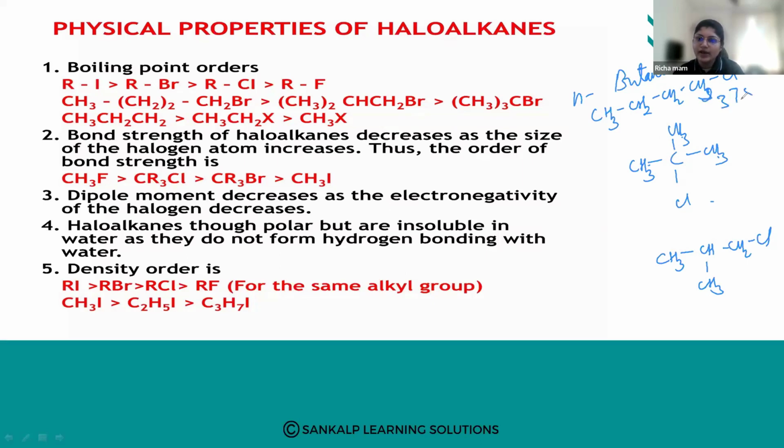The boiling point will be highest here, suppose this will be 346 and this will be 364. So like this, the boiling point will go on decreasing because of increasing branching. As the branching increases, the boiling point will decrease.